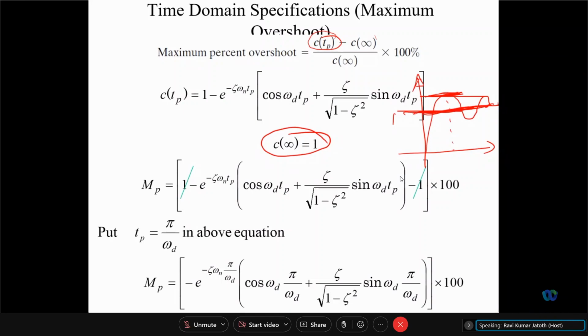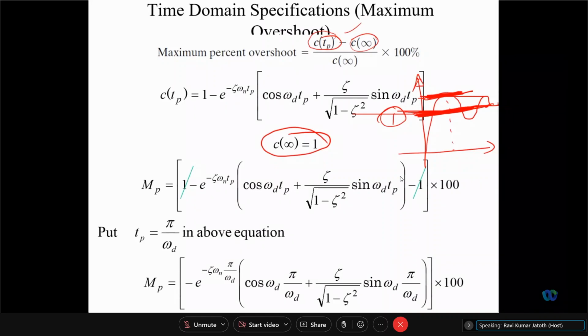Overshoot is 1 minus C of Tp, or you can also write C of Tp minus 1. This is the given response, right? This minus this is the overshoot, and anyhow C of infinity is 1.